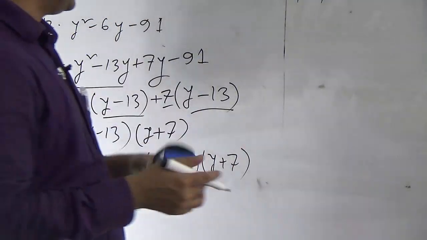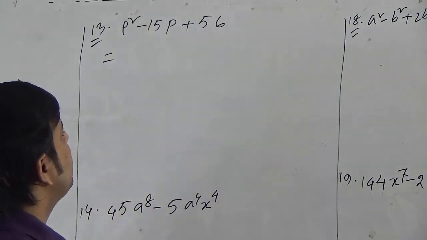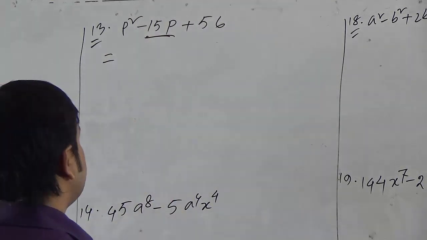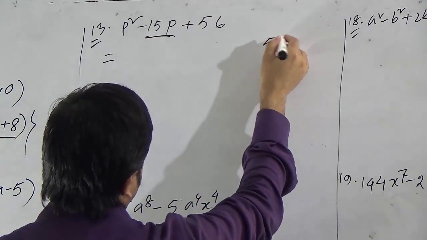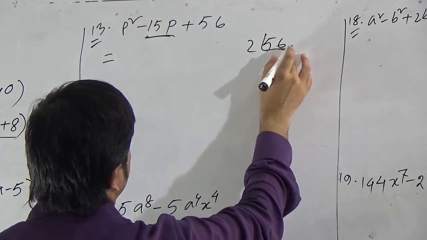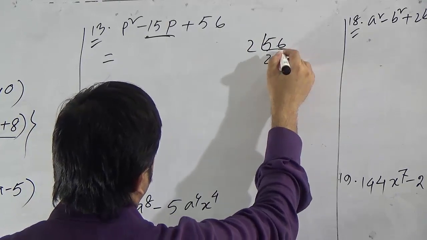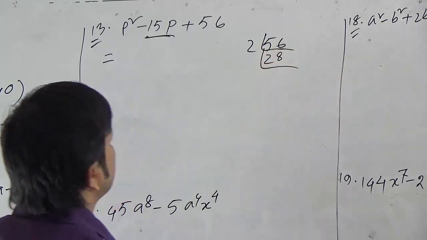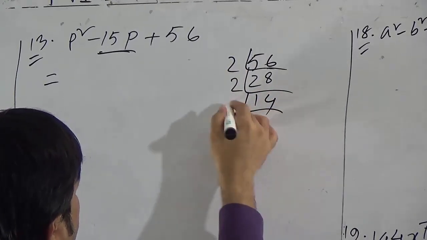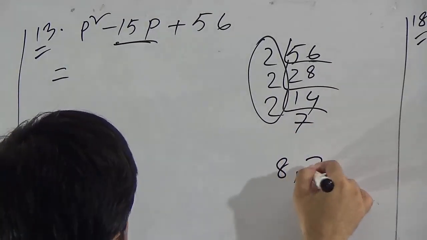Now go to question 13. This is also the same method. We have to write the middle term into two terms. For this I have to factorize 56. If we divide by 2, 2 twos are 4, 2 eights are 16, 14, and 2 sevens. Now the product of these three 2s is 8, and here is 7.